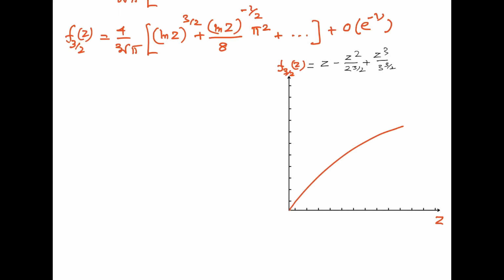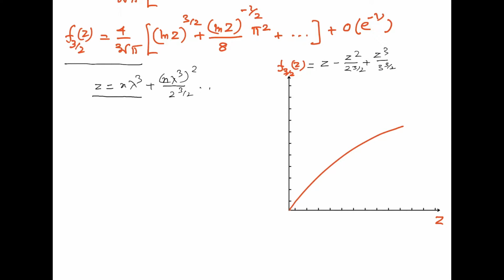So another fact is that z is equal to n lambda cube plus n lambda cube whole square divided by 2 to the power 3/2. So if we restrict to the first term, z is n lambda cube, f3/2(z) is z if we restrict to the first term.